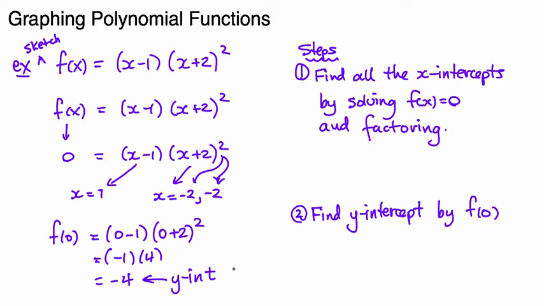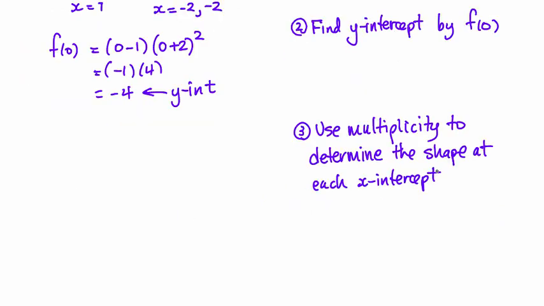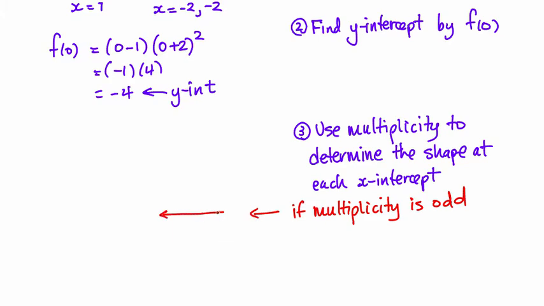Next, we are going to take a look at using multiplicity to determine the shape at each x-intercept, and this is a bit new. But this is how it works. If you have an x-intercept that happens once or 3 times or 5 times, so if your multiplicity is odd, here's an x-axis, here's your x-intercept.